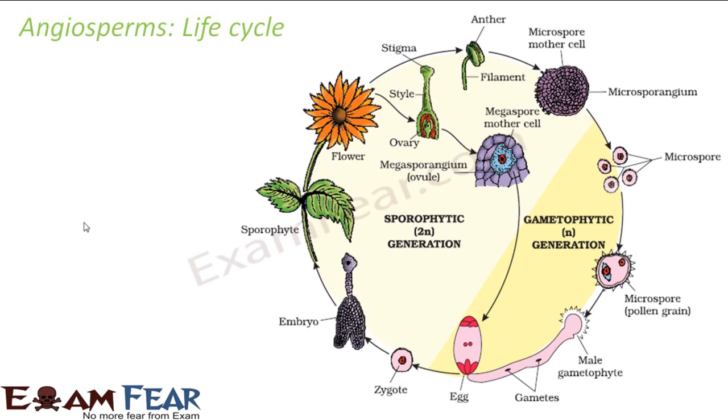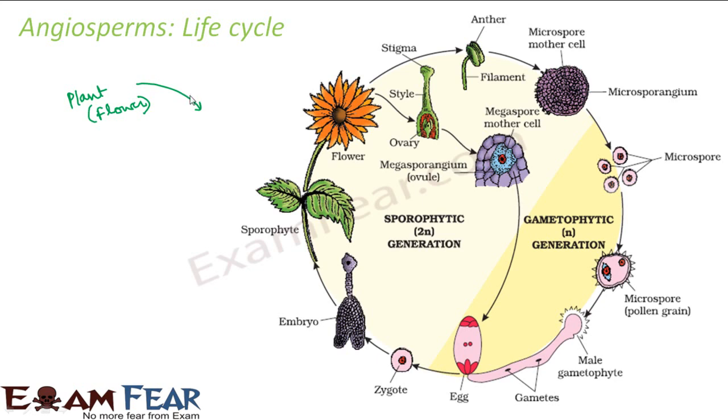So let us now have a quick overview of whatever we studied so far. In a quick note, in a mature plant, what do we have? Which is the reproductive structure? It is the flower. So in the flower, you have the male reproductive organ and the female reproductive organ.